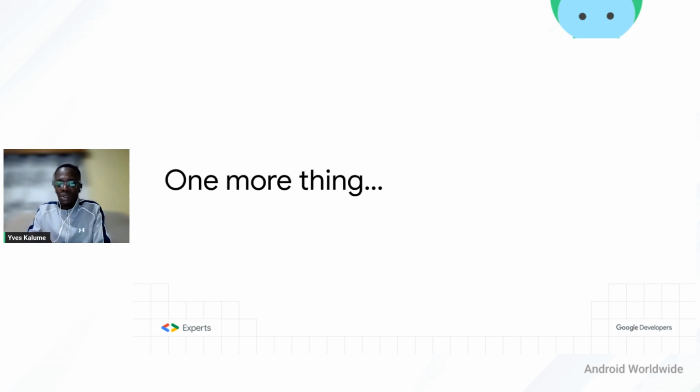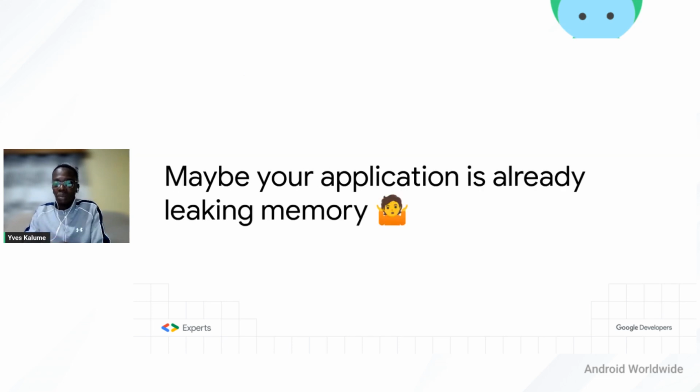One more thing you should know is that maybe your application is already leaking some memory, because there is a multitude of ways to create memory leaks in our application. I couldn't show all the code snippets which may produce memory leaks.